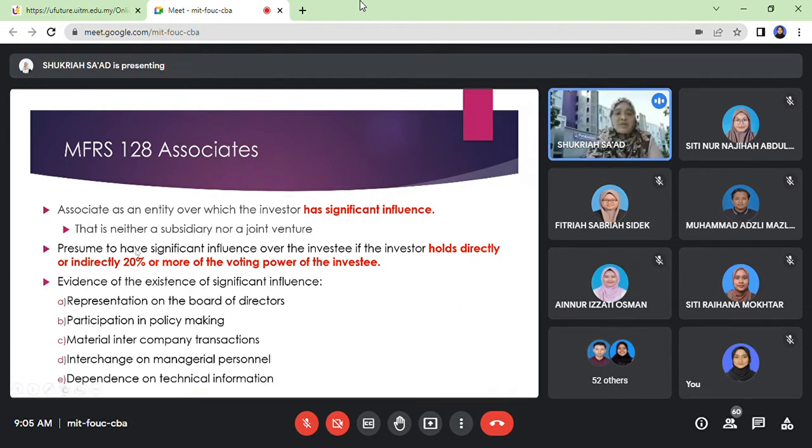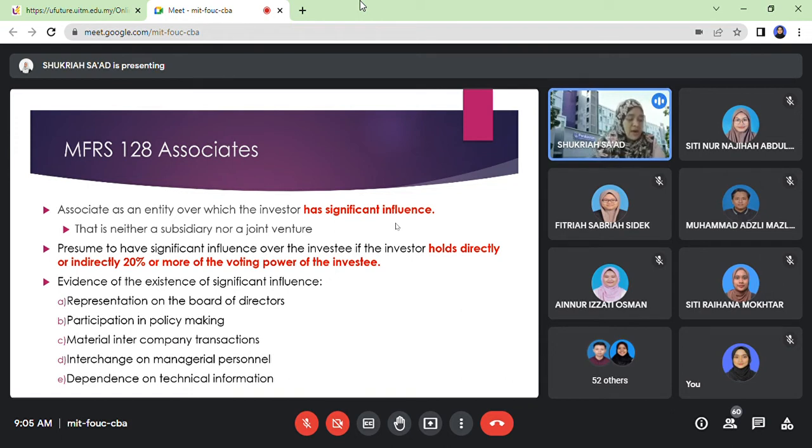An associate is an entity over which the investor has significant influence. In the textbook, they have included the definition of what it means by significant influence under MFRS 128.